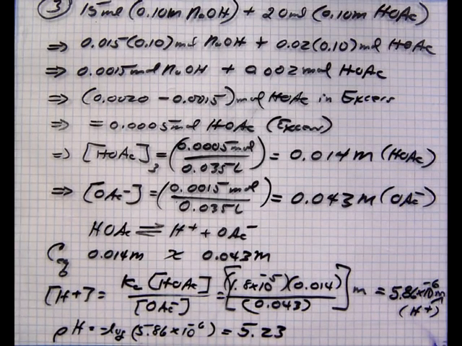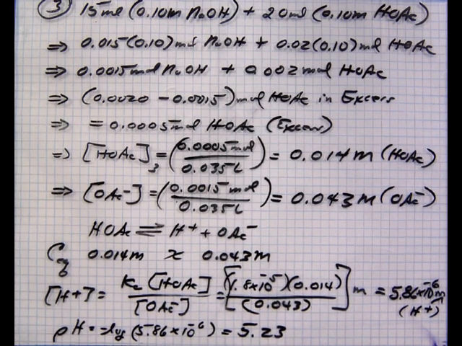So now we're climbing up the titration curve, starting from 2.89 to 4.26. Now we're at 5.23. Now you can continue with other increments short of 20 milliliters of base, and you will begin to converge on the equivalence point.